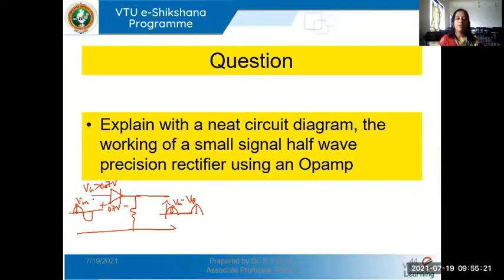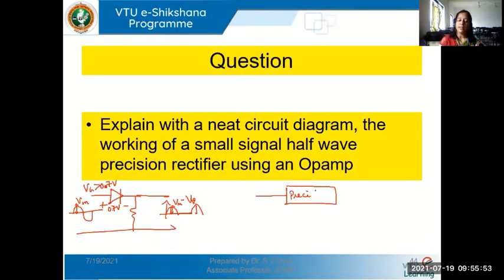So, if I have input signals whose amplitude is much lesser than 0.7 volts, say in the millivolts range, I want to rectify a 10 millivolt signal or 100 millivolt signal, then it's not possible to work with an ordinary diode rectifier. But I will replace this diode with something known as a precision diode.